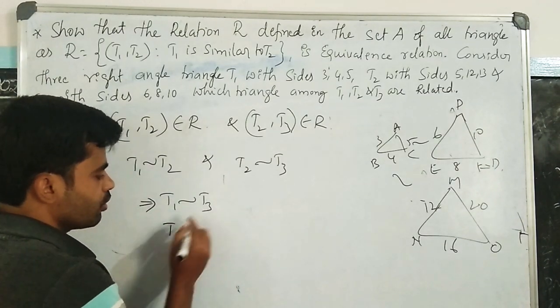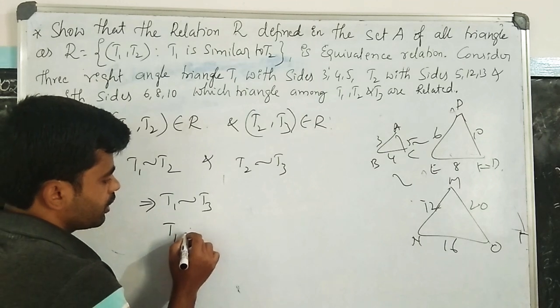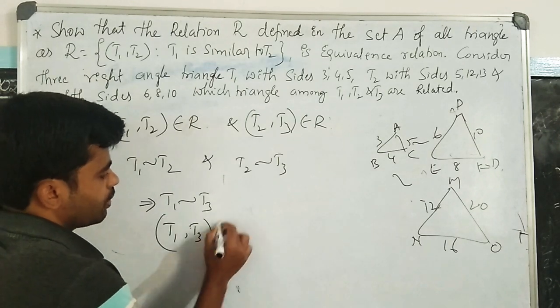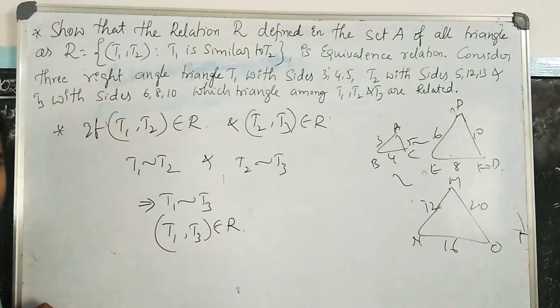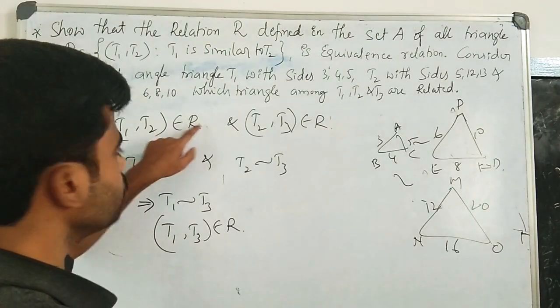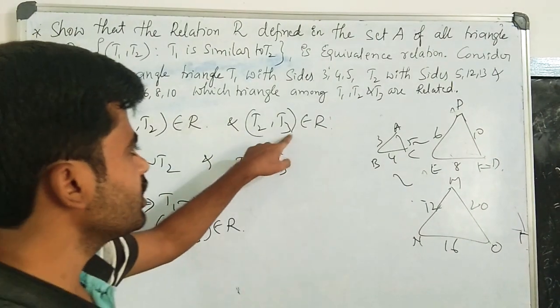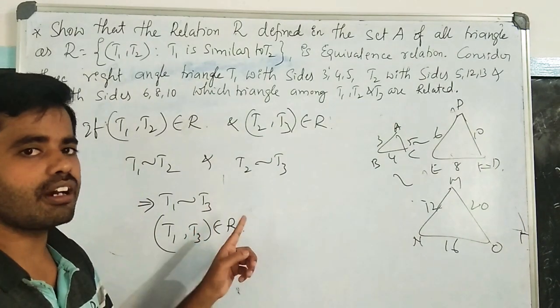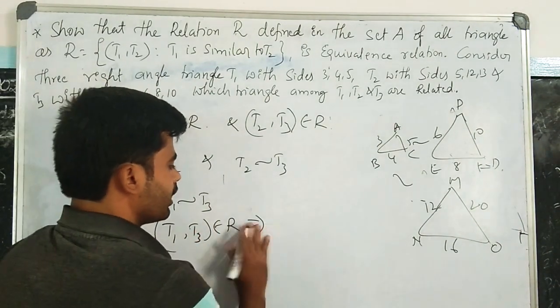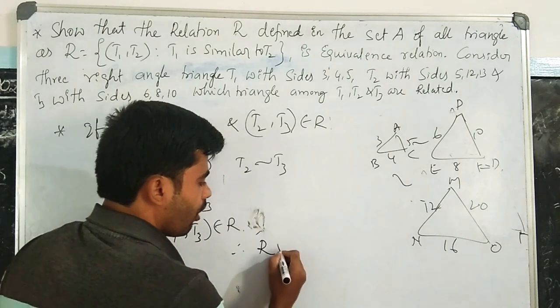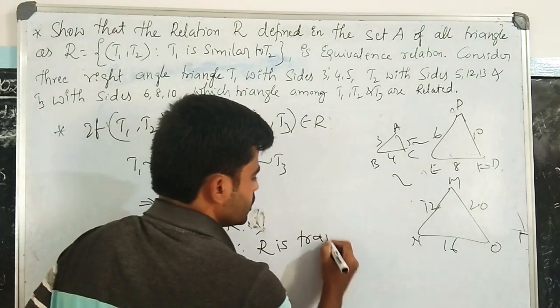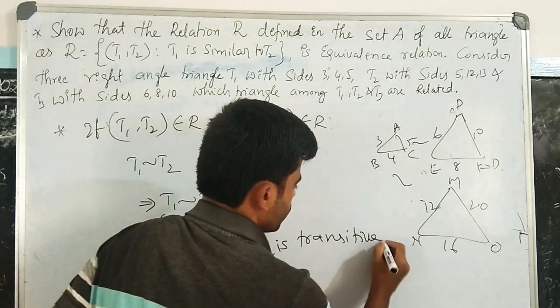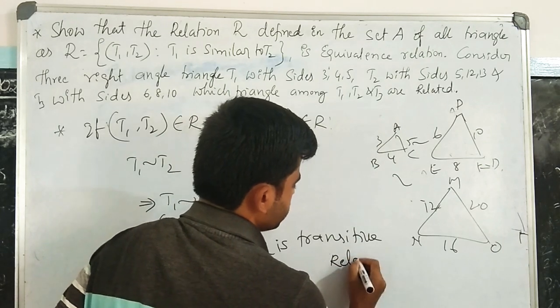Now T1 is similar to T3 means (T1, T3) belongs to R. Now (T1, T2) is in R and (T2, T3) is in R; it implies (T1, T3) is in R. What conclusion can we give? Therefore R is a transitive relation. R is a transitive relation.